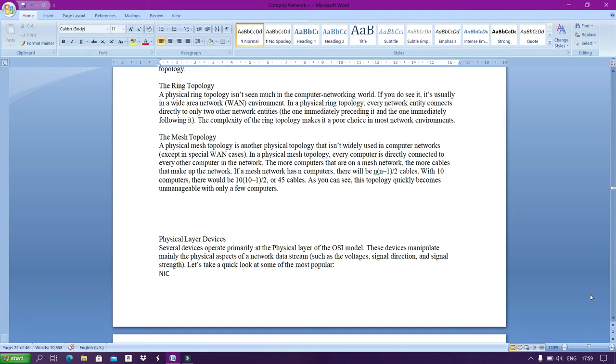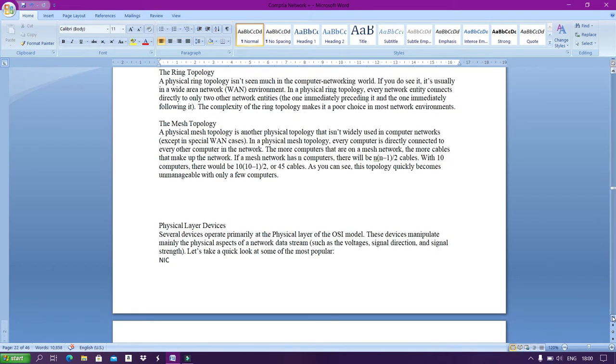The more computers that are on a mesh network, the more cables that make up the network. If a mesh network has n computers, there will be n(n-1)/2 cables. With 10 computers, that will be 10 times (10 minus 1), divided by 2, or 45 cables. As you can see, this topology quickly becomes unmanageable with only a few computers.